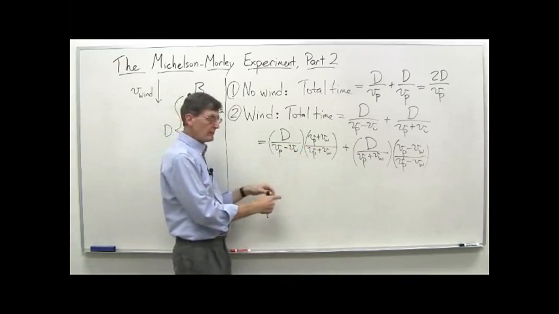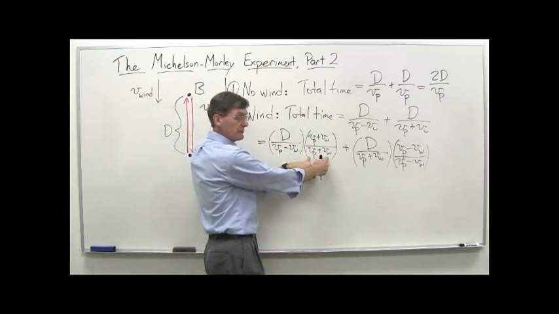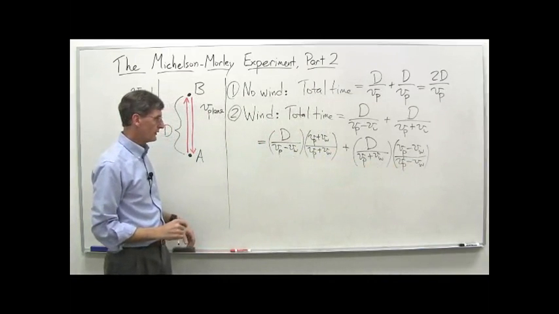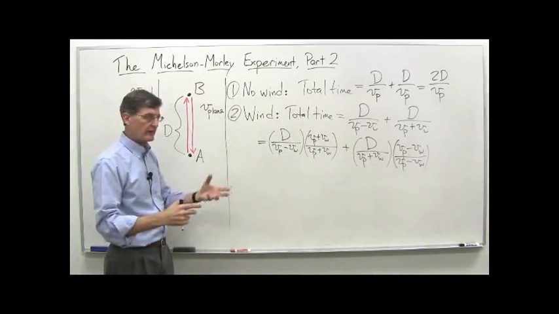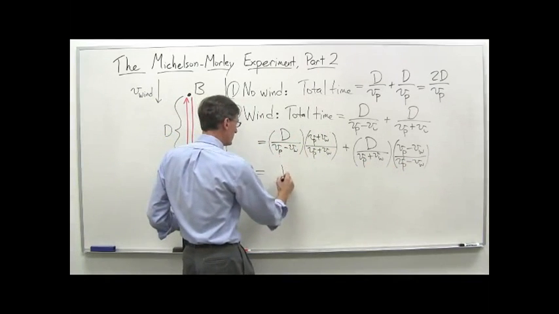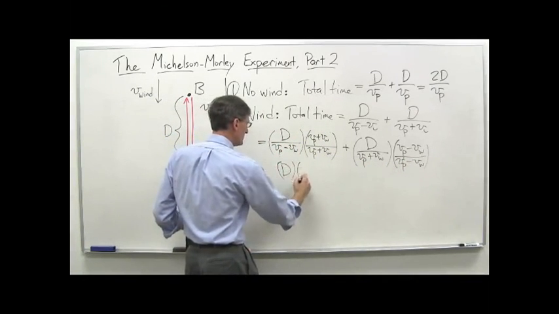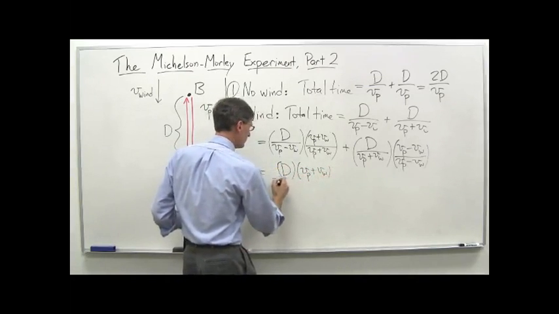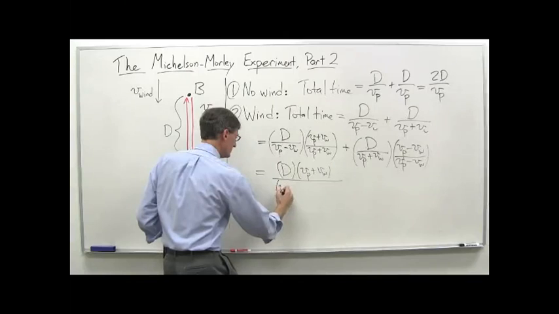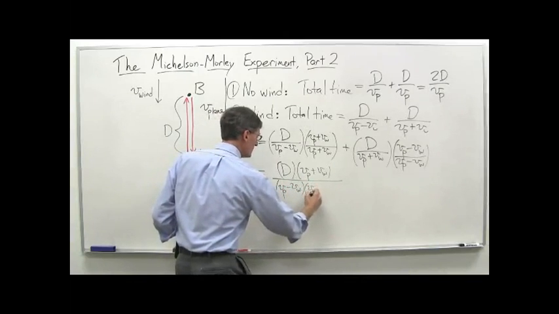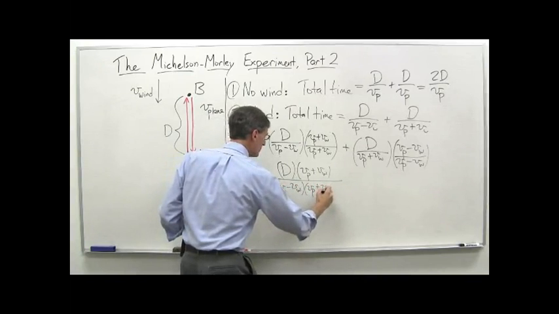But now you see in the denominator I've got vp minus vw times vp plus vw over here. Same thing over here, but just in opposite order there. So let's put it all together and see what happens in the numerator. So we're going to get d times vp plus vw all over vp minus vw, vp plus vw.